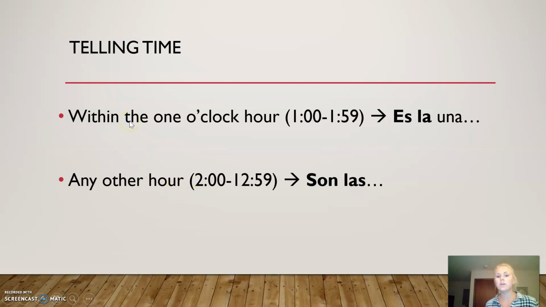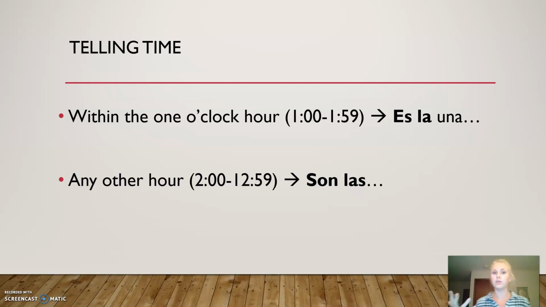Restated here, within the 1 o'clock hour, because there's only 1 hour in that time, 1, 1:05, 1:10, 1:17, 1:32, you're going to use es la una, okay? Anytime in the 1 o'clock hour, you are going to use es la. After 1:59, when it becomes 2 o'clock, until 12:59, those are all multiple hours. 2 o'clock, 3 o'clock, 4 o'clock, 5 o'clock.